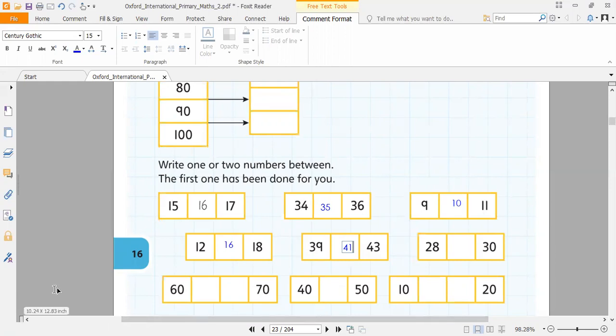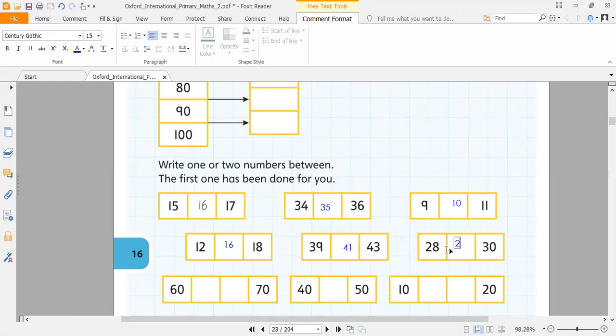Actually, we have to do according to odd and even. What is odd and even? Every number that has 2, 4, 6 or 8 at its end is even, and a number like 43 has 3 at its ones position, so this is odd.